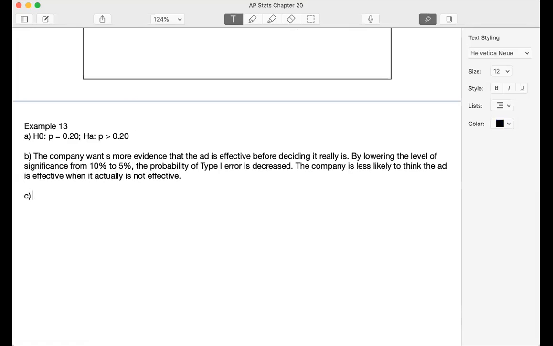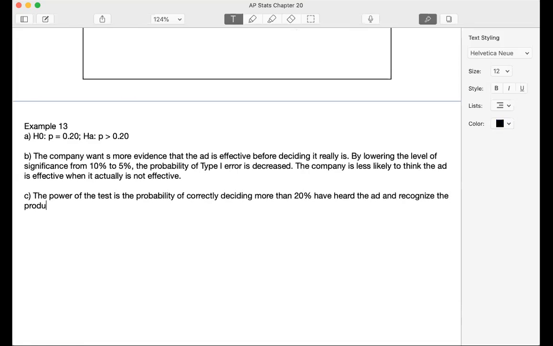Let's see. The power of the test is the probability of correctly deciding more than 20% have heard the ad and recognize the product when it's true.